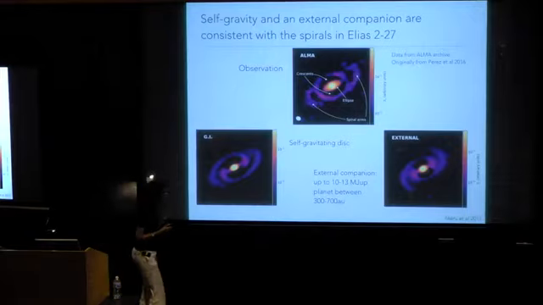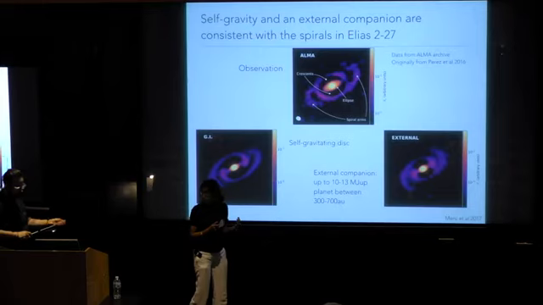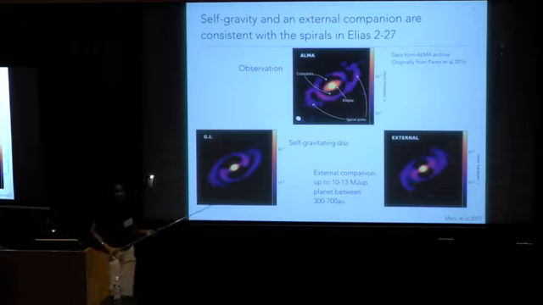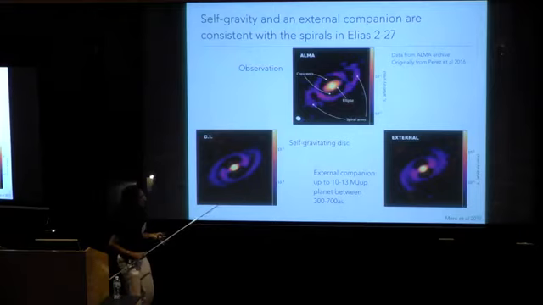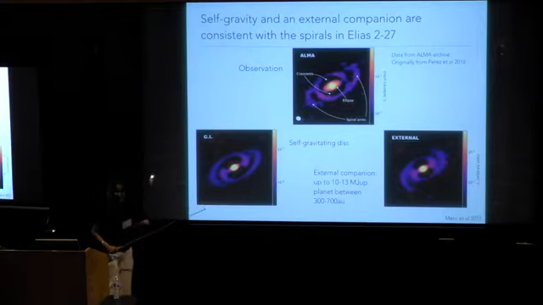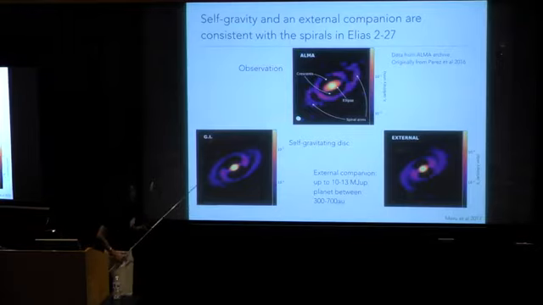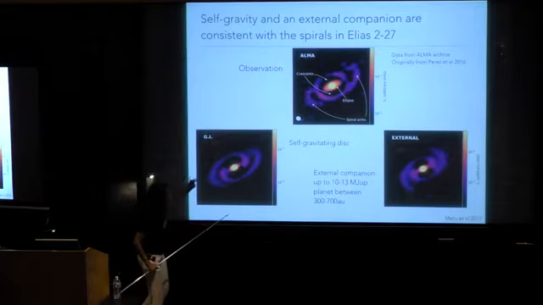And so what we tried to do in our group was to understand what was actually causing these spiral arms, so generally trying to figure out what could form this morphology. And we came up with two ideas. One is that it could be a self-gravitating disk.